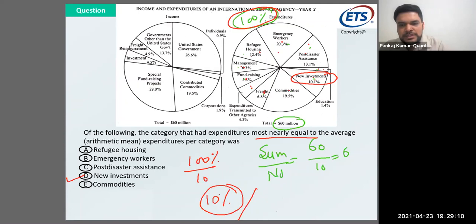Sanjay, you understood what I'm saying? 100% is total and there are 10 categories, so average per category is going to be 10%. So which of the following categories is close to 10%? Only one I can see, which is new investments, and that is D.